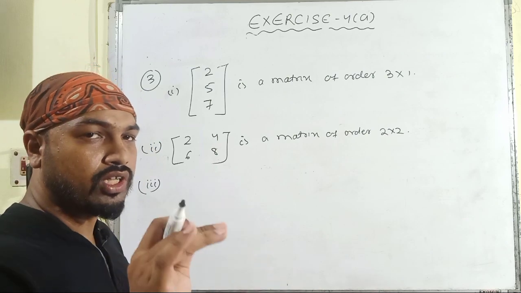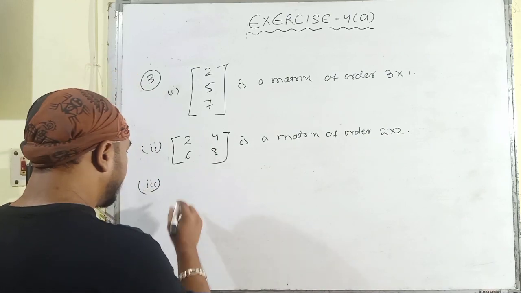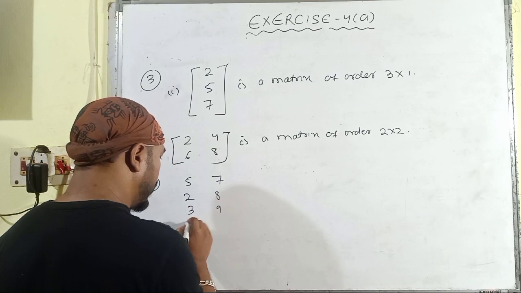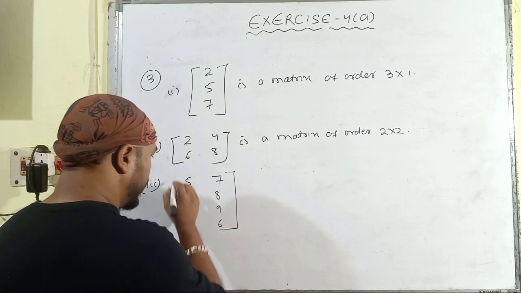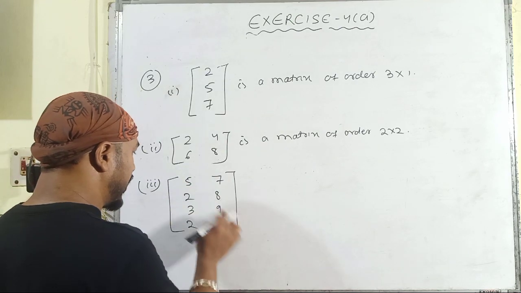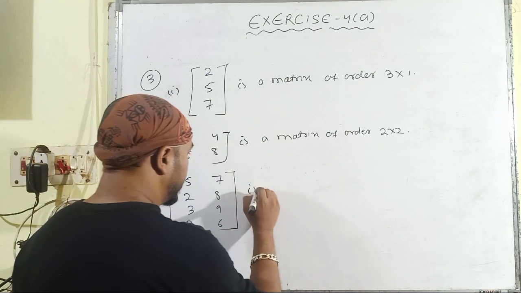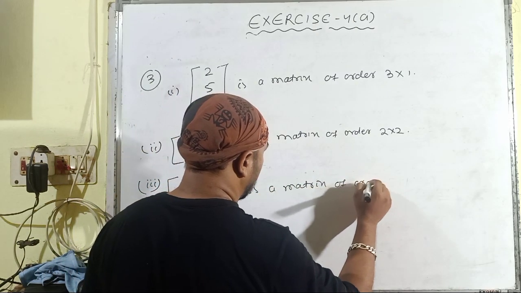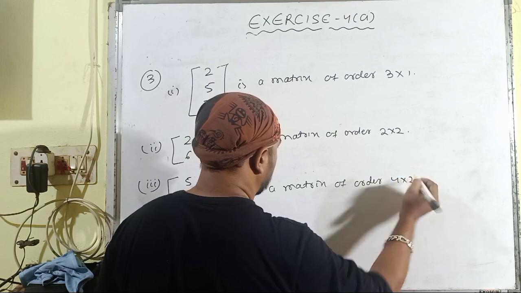That means it must contain 4 rows and 2 columns. 5, 7, 2, 8, 3, 9, 2, 6. Okay, this is a 4 cross 2. 4 rows are there and 2 columns are there. It is a matrix of order 4 cross 2.